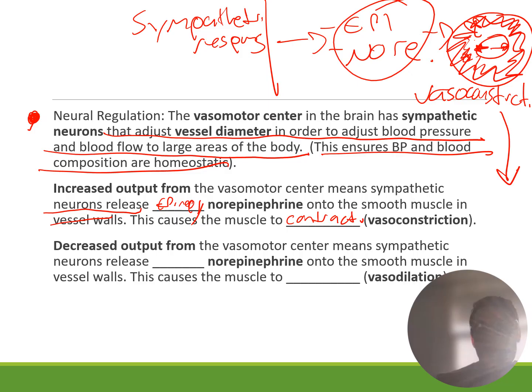So a decreased output from the vasomotor center means that the neurons release less norepinephrine to smooth muscle in the vessels, which causes relaxation. And if we relax, there is an increase in vessel lumen.